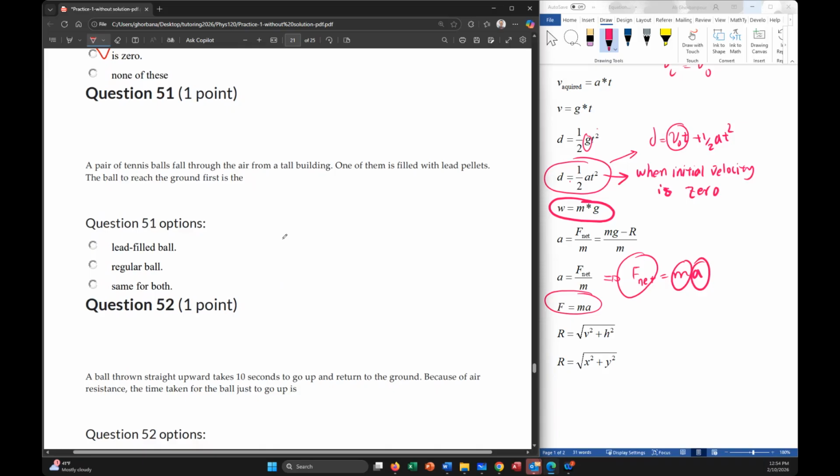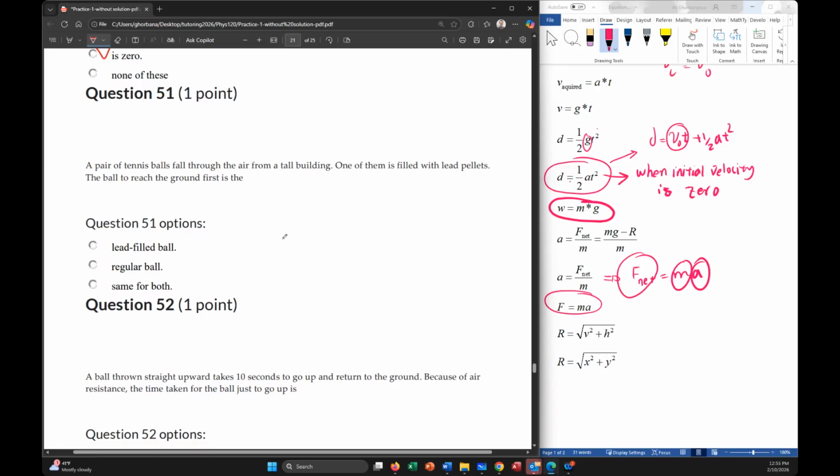Why same? It's talking about the drag force here. It's not talking about the drag force. Okay, assume that it is all happening in a vacuum. No drag force, yes?